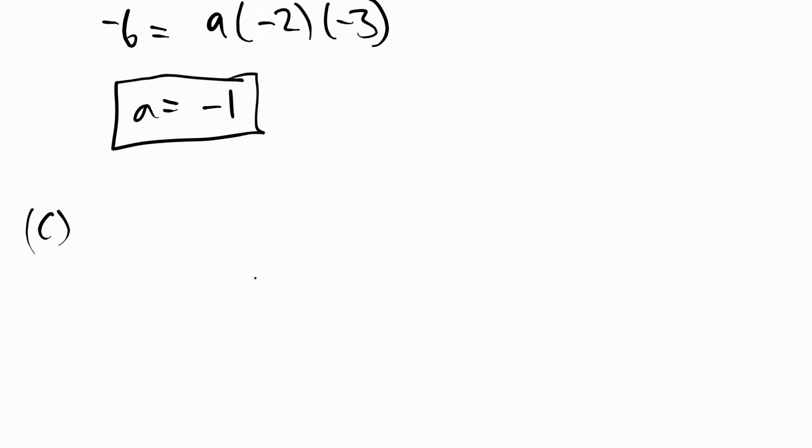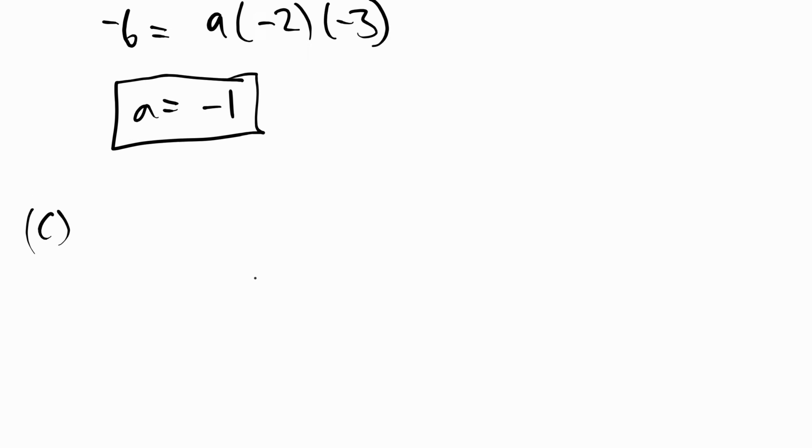We know that kx minus 5 must be equal to our equation, and let's create our full equation with all our known values: negative 1 times (x minus 2) times (x minus 3). This tangent is equal to our equation because it will intersect. That's why we're allowed to set them equal to each other.